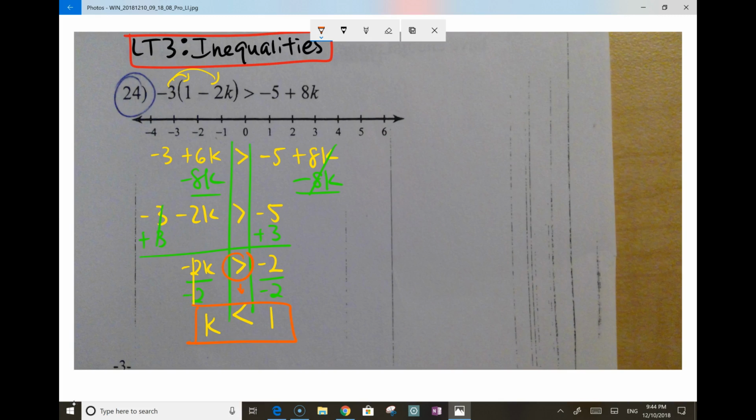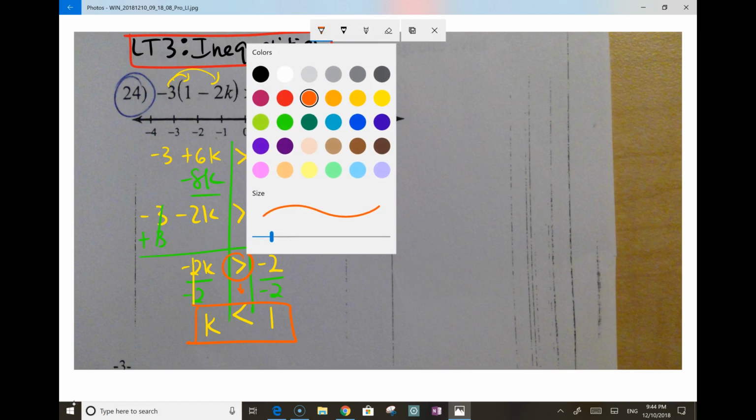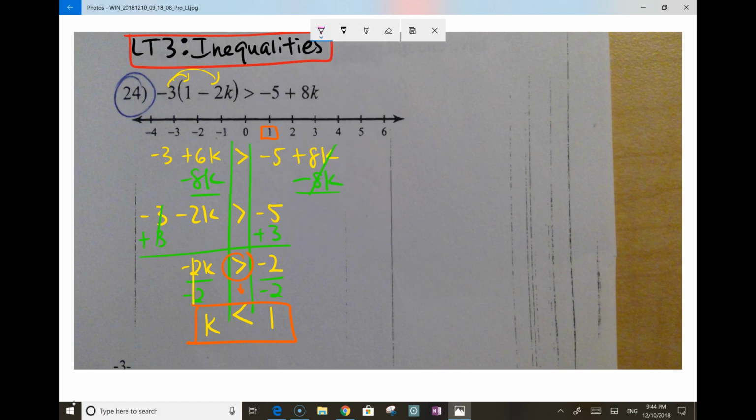So the way to represent this on a graph is you go to the number 1, which is right here on the number line, and then you represent that location, in this case with an open point, an open circle. The reason for this is because with less or greater, you always have an open circle.